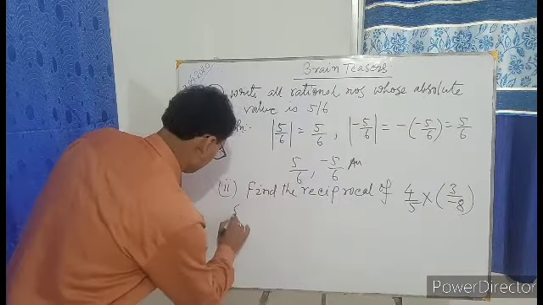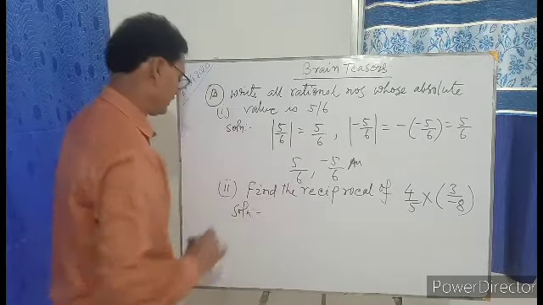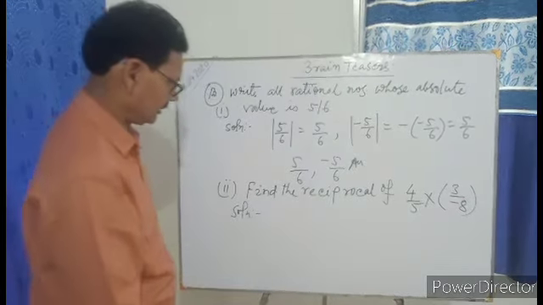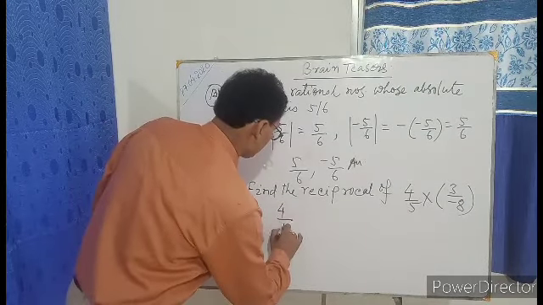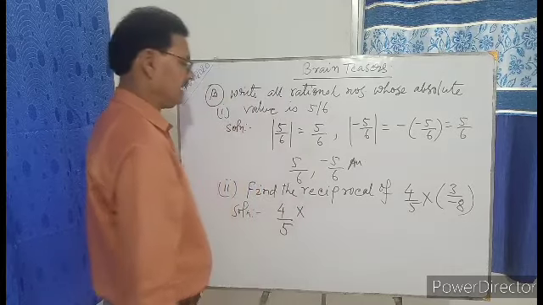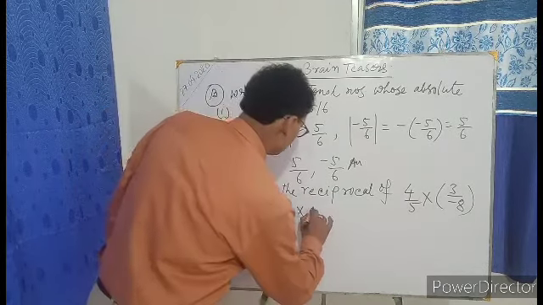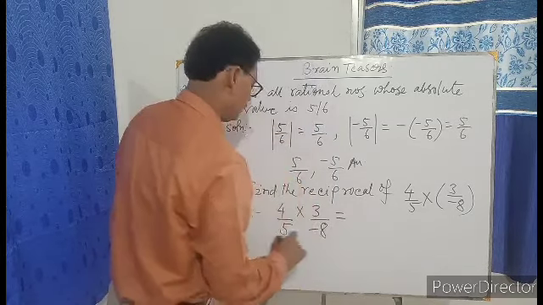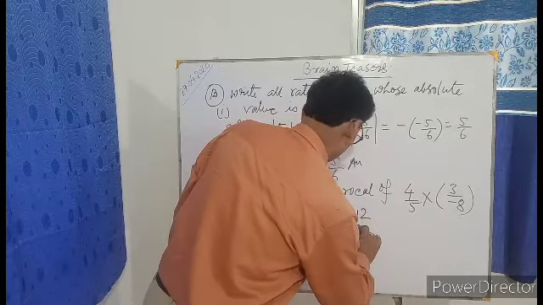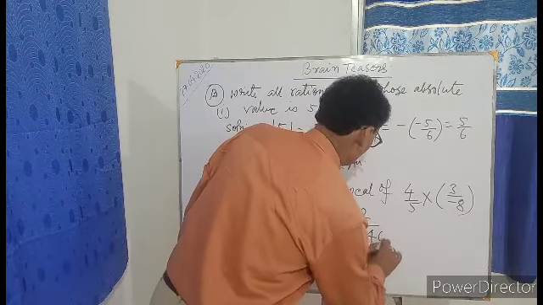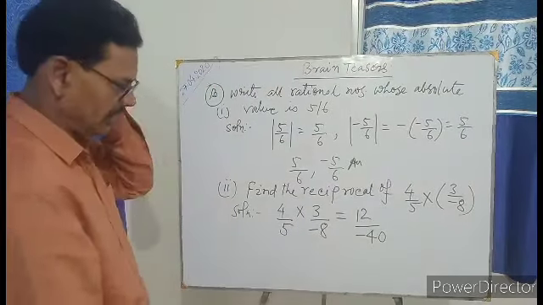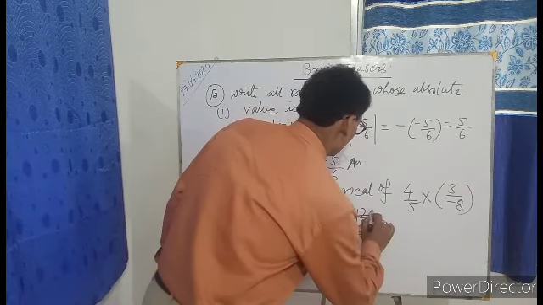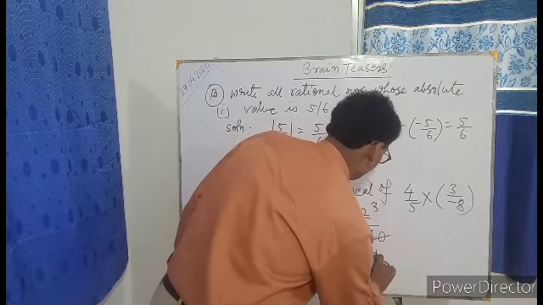Okay, solution. See the question. Reciprocal of 4 by 5 into 3 by minus 8. Okay, so 4 by 5 into 3 by minus 8, you can write it as 12 by minus 40, and it will be cancelled. 4 3s are 12 and 4 10s are 40.